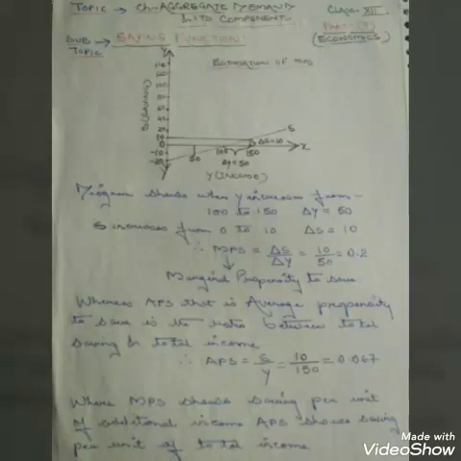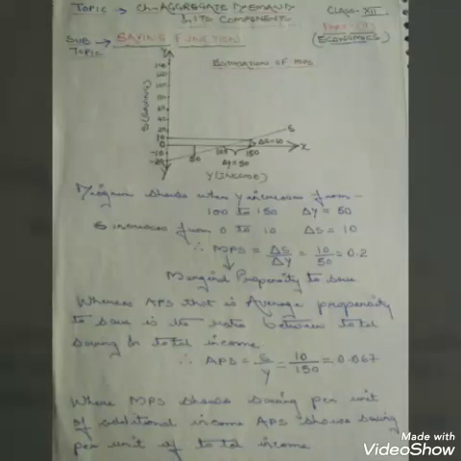The diagram shows that when Y increases from 100 to 150, then your delta Y equals 50. That means 150 minus 100, that comes to 50.